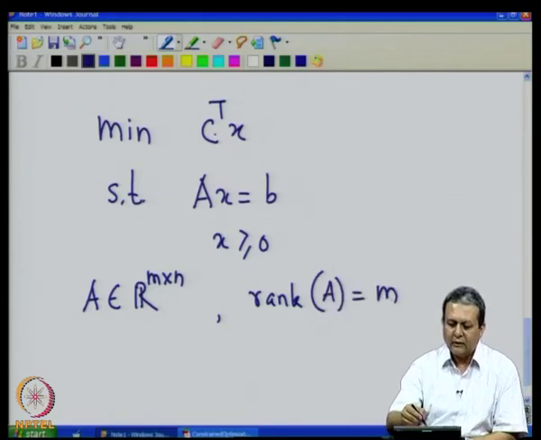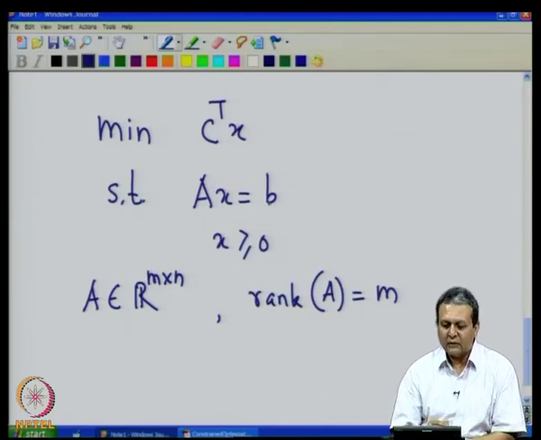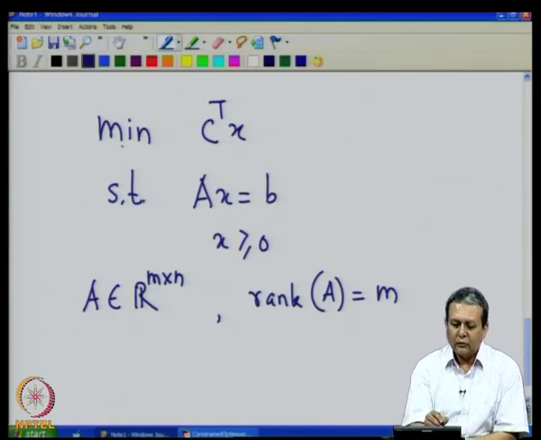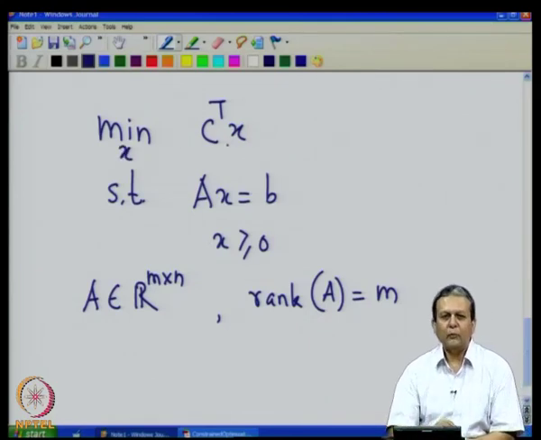So, c is an n-dimensional vector, b is an m-dimensional vector and x is non-negative. The objective function is to minimize c transpose x subject to the constraint that Ax equal to b, x greater than or equal to 0.